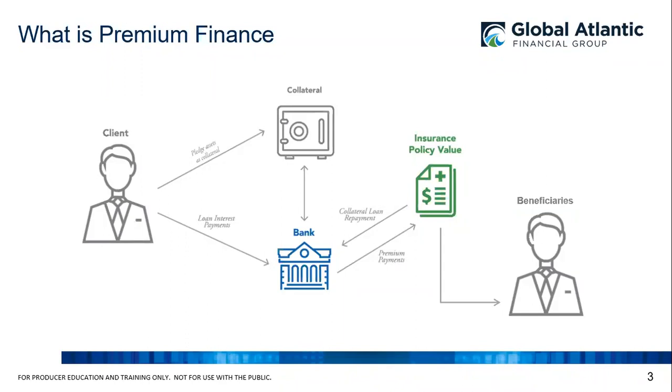And you'll kind of see how that works on some of the illustrations. So the beneficiaries are ultimately going to receive the difference between the death benefit of the actual policy itself and the amount of loan that's still owed to the bank. And that difference is what we call the net death benefit in the illustrations. That's the net death benefit after we repay back the loan that the beneficiaries are actually going to keep.